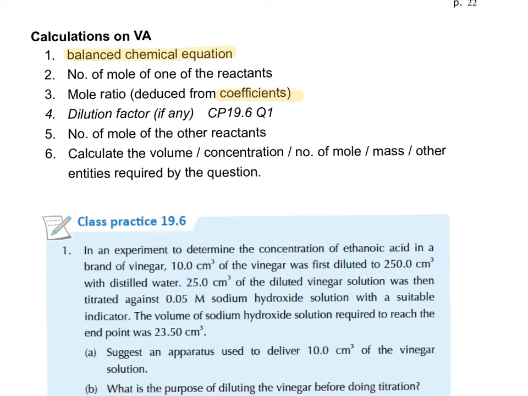We need to read the question very carefully to see whether the sample has been diluted before the analysis. Don't worry, you only need to read the question very carefully and be able to visualize what is going on during the course of analysis. And mole calculation is the most important in the calculation of volumetric analysis.